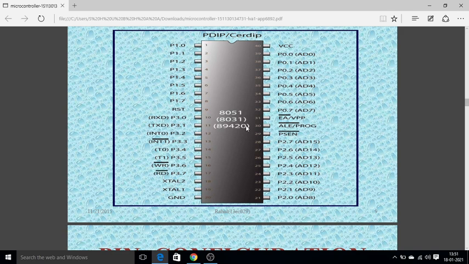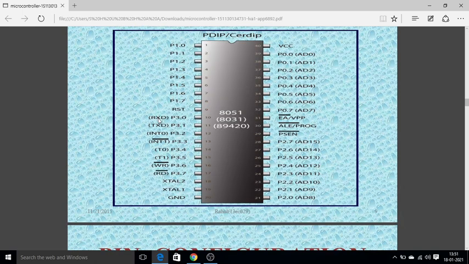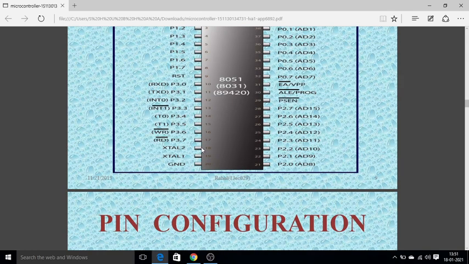These 32 pins are completed, and coming to the rest of the pins, we can call them bus control pins. We have the transmitting data and the receiving data pins, both are active high pins only, and it has two interrupts, that is interrupt 0 and interrupt 1, and two timers, timer 0 and timer 1.